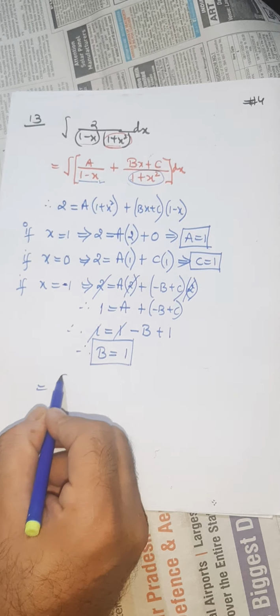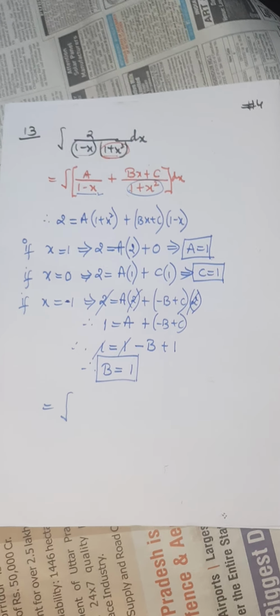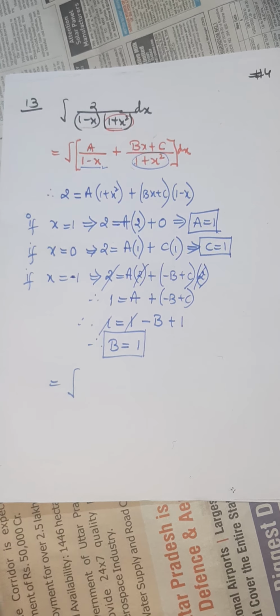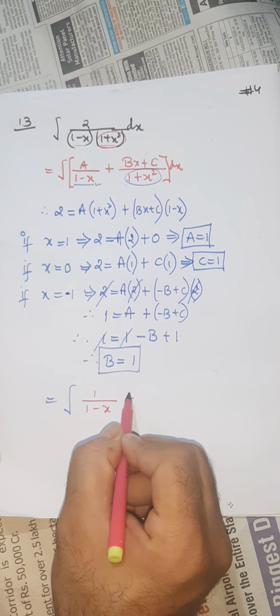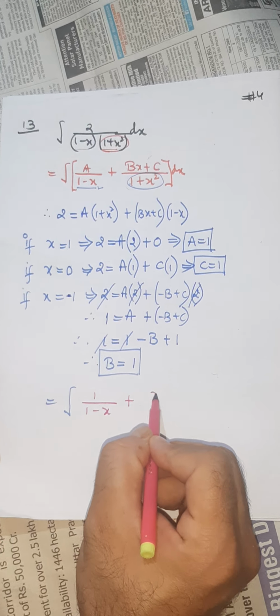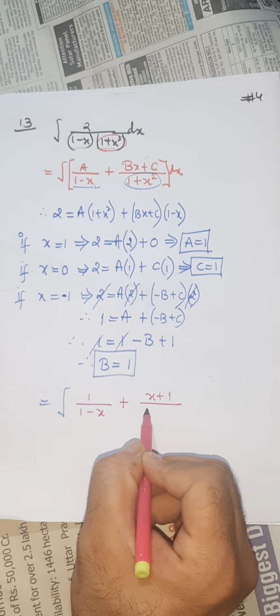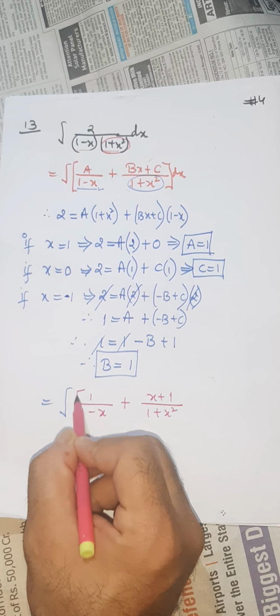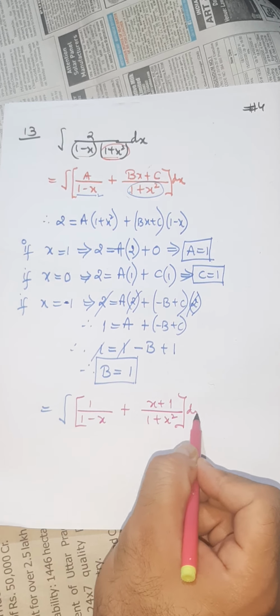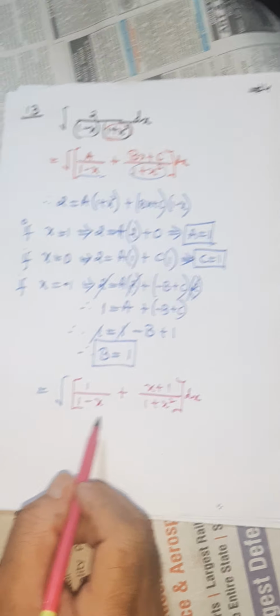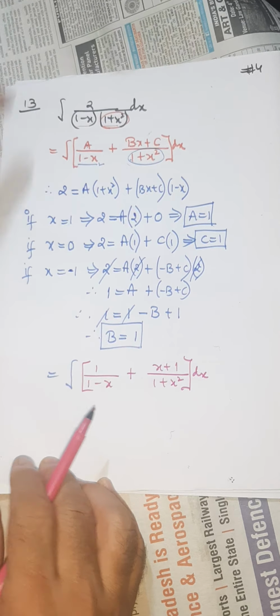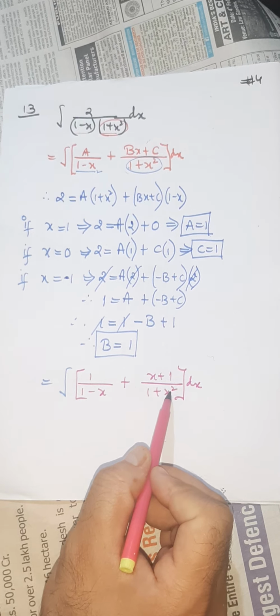So this integral would be here. What is this integral? That is a. What is a? 1 upon 1 minus x plus b and c both are 1. So this is just x plus 1 upon 1 plus x square. Now this is 1 upon linear, so you can integrate it very easily. This is linear upon quadratic.